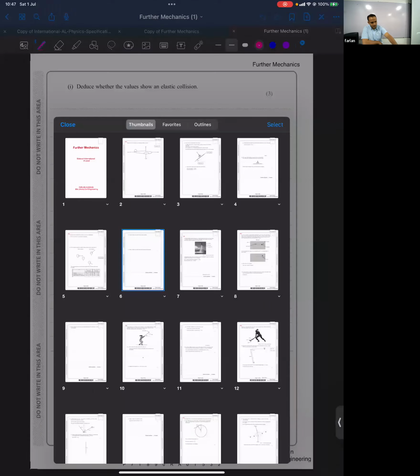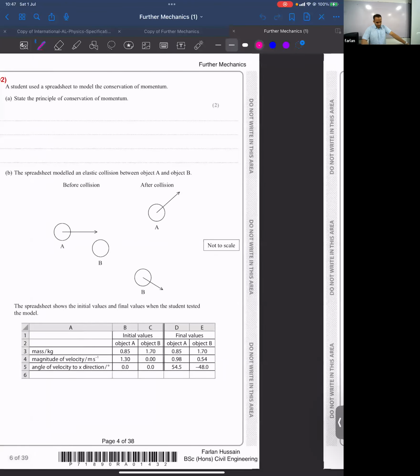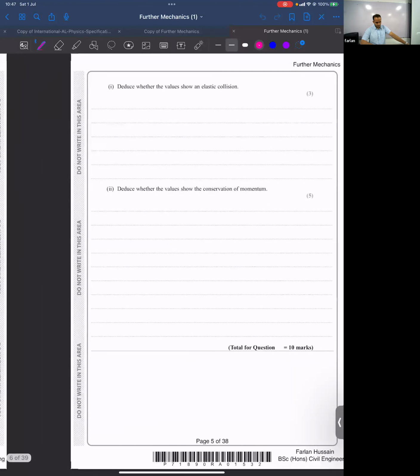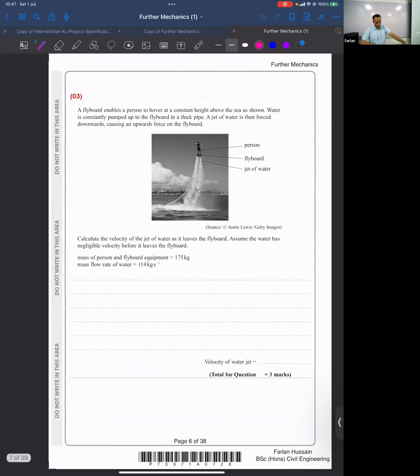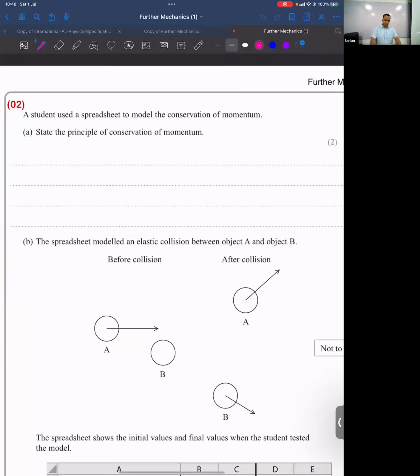Guys, take the tube. Question number 2. State the principle of conservation of momentum.